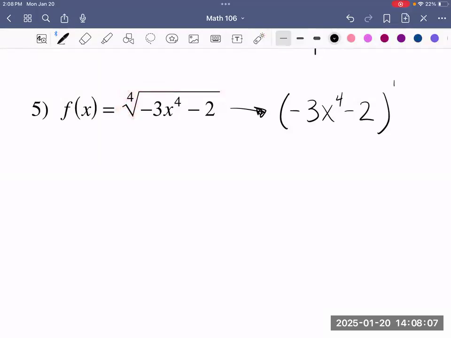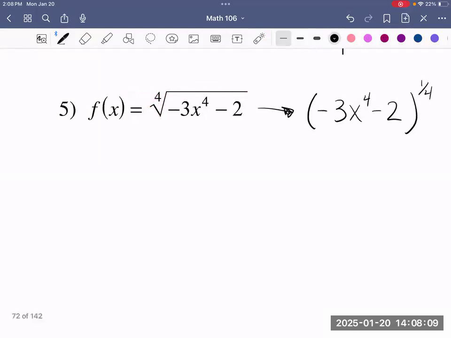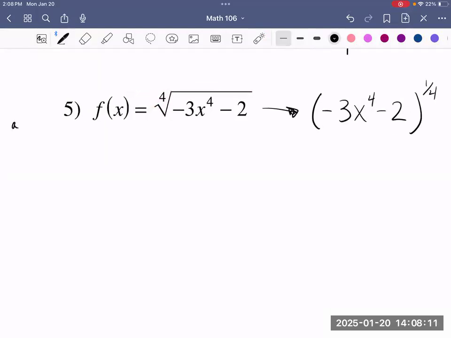In our case, we can write this as 1 over 4. That is because if we have the a root of x to the b, when we write it, we have b over a. It's always the power on the outside that does the dividing.